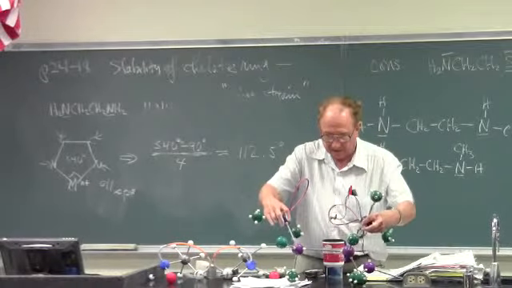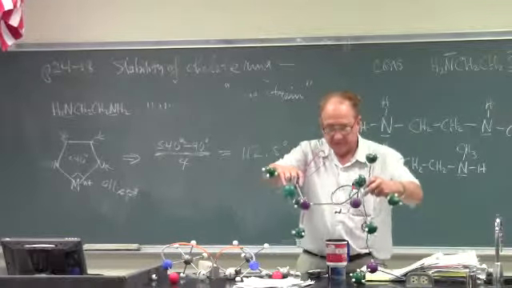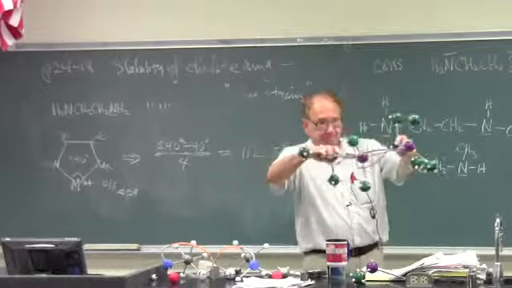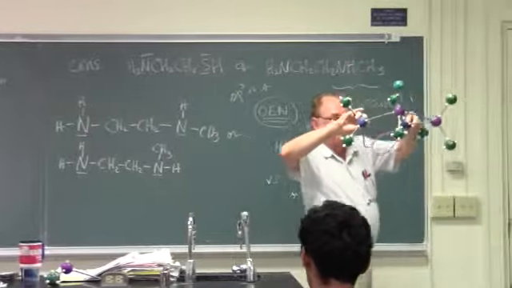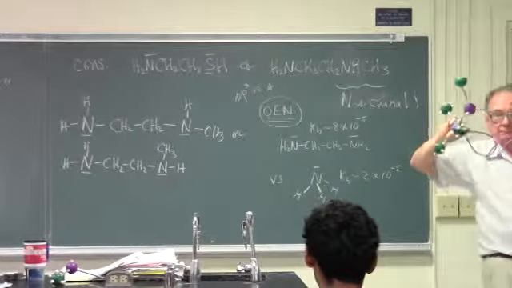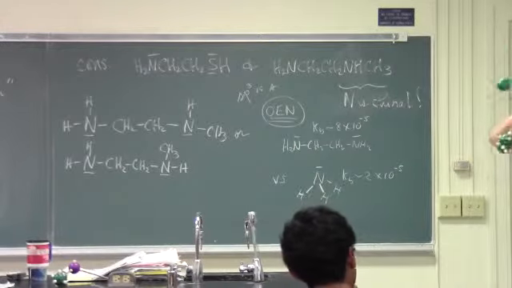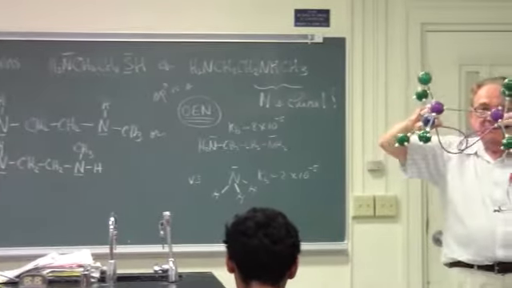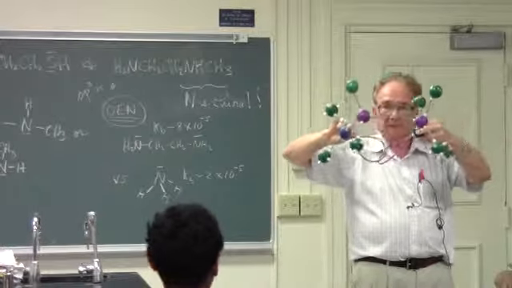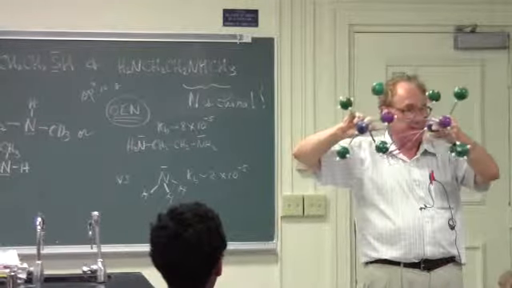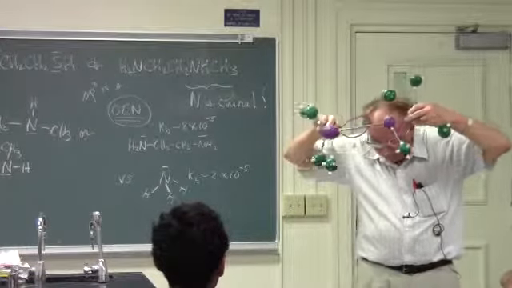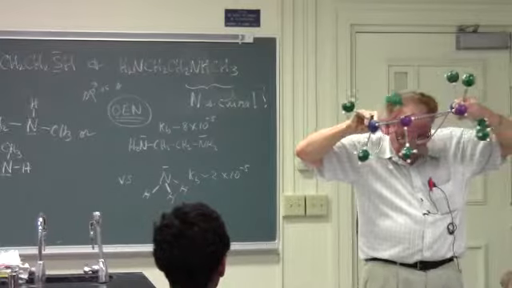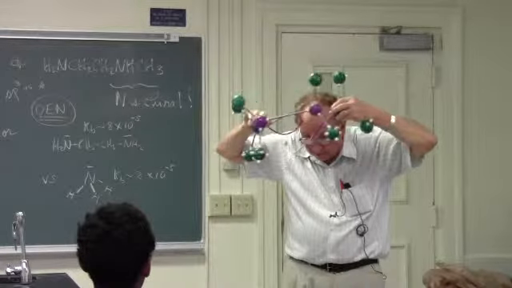Back to our model. Now, when I've got both non-bonding pairs aiming at the same geometric position in space, I examine all the atoms in the ring. There's my noggin. I'm now holding this chelate ring side on, so you can look at all the skeletal atoms.